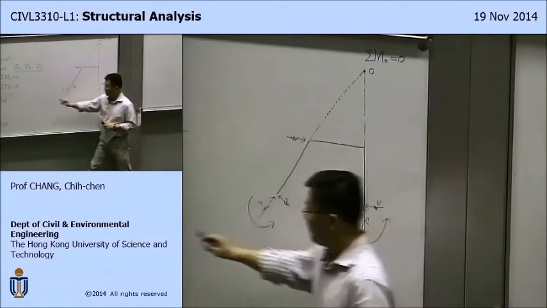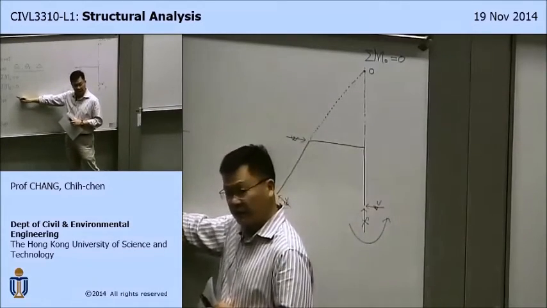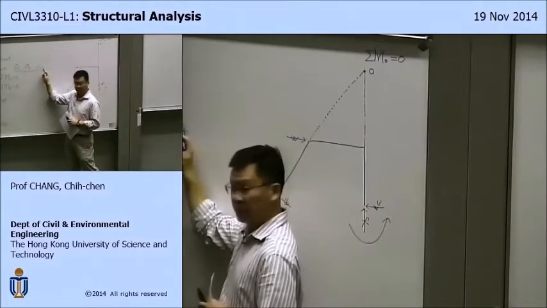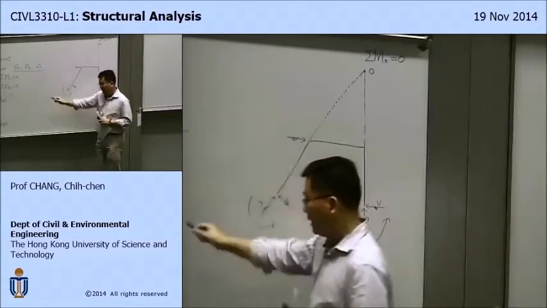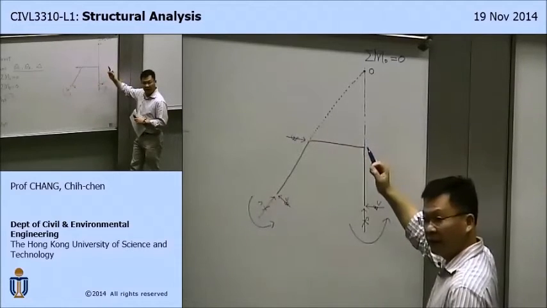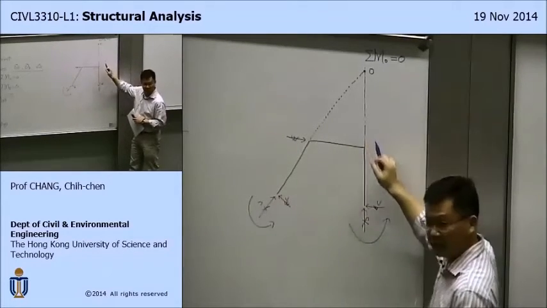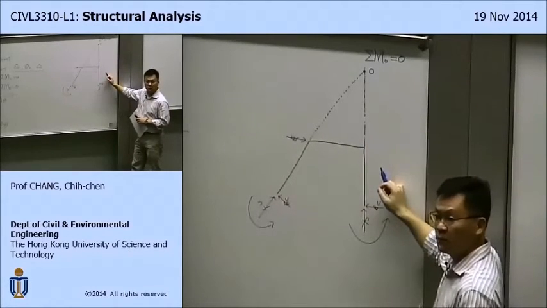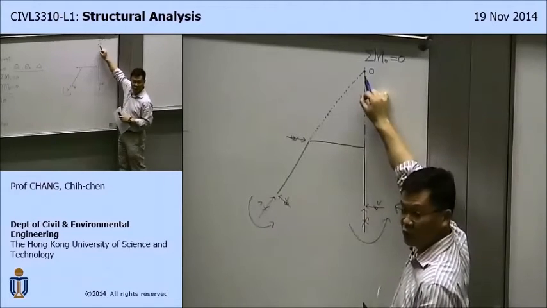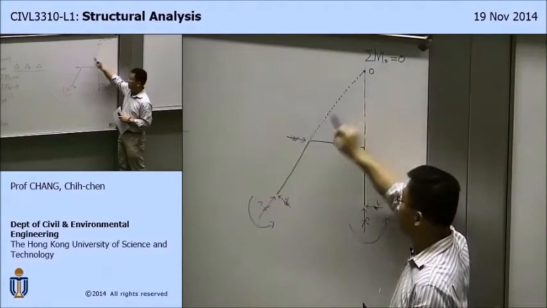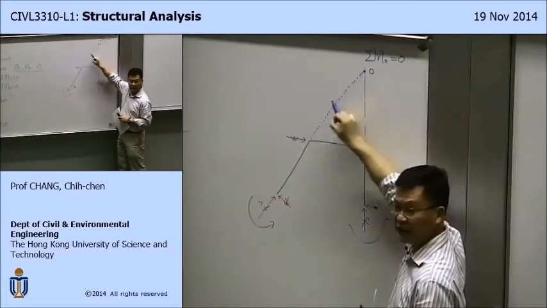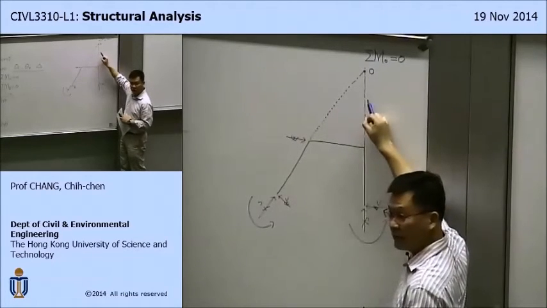So how do you set up the third equilibrium or the third condition to help you solve for the 3 unknowns? So the answer is here. It seems to be the only way out. You're trying to establish one equilibrium at a far away point, which is the intersection of the 2 extension lines.